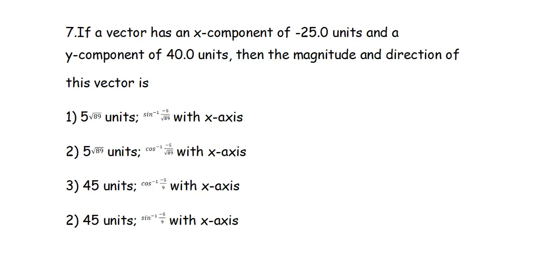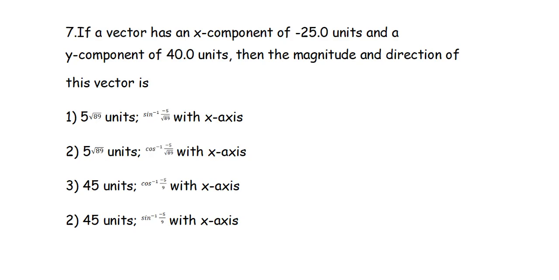So, if a vector has an x component of minus 25.0 units and a y component of 40.0 units, then what is the magnitude and direction of this vector? Here the x component is given, the y component is given.